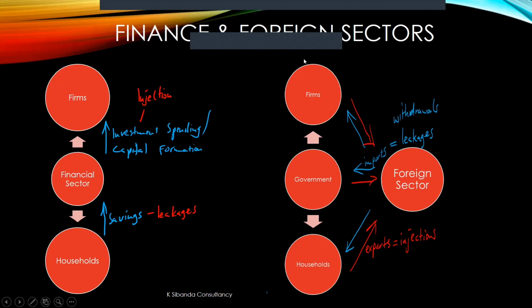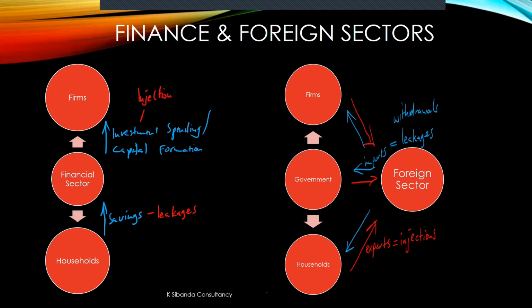But at the end of the day, it doesn't hurt if it's not there, as long as you understand how it is linked. Because remember, when I do the unit on the government sector, and even the unit on the foreign sector where you look at trade, you will understand that the government plays a very big role in what happens in those sectors, either indirectly through policies or directly by being involved in the activities.